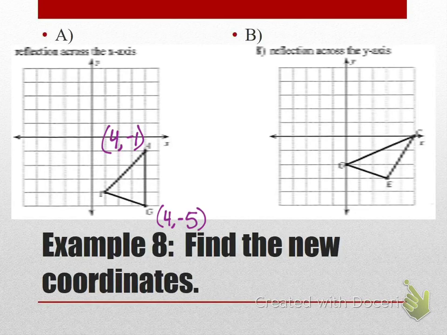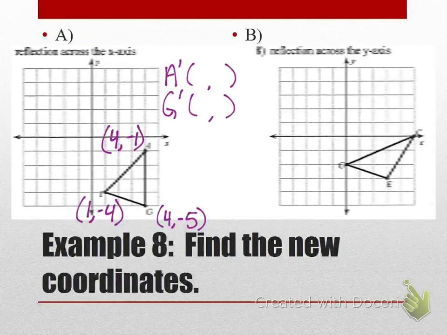And I? 1, -4. Okay, so it's useful to have your original coordinates. We are reflecting in the x-axis, which means which coordinate stays the same? X, and which one changes? Y.